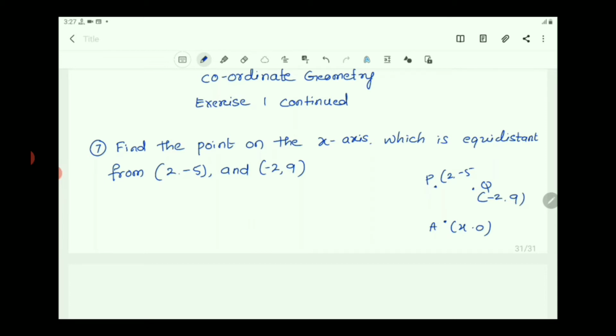Here these are the 3 points: one is the point on the x-axis, in the form (x, 0), and the other 2 points are P(2, -5) and Q(-2, 9).